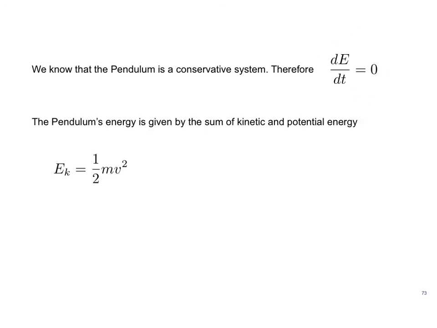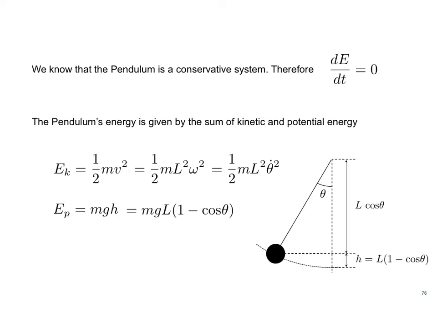We have kinetic energy expressed like this, which in terms of the figure of the pendulum is maybe more clear when I talk to you about this velocity v, which is actually the tangential velocity. We have an angle theta, we have the distance projected with this angle, and also the h.